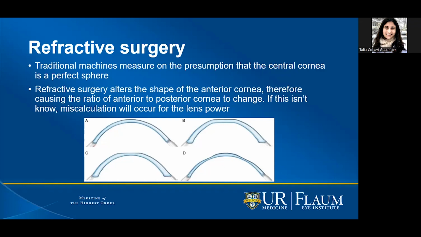Also, doing a topography can show you, if they have a flattened central cornea, they probably had myopic LASIK. If you have old records, that's great because you can enter all of that data in. And like I said, the more data you have, the better. But if you don't have that, the formulas now are actually really good at predicting post-op outcomes with no prior data.